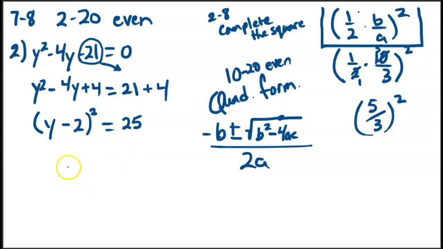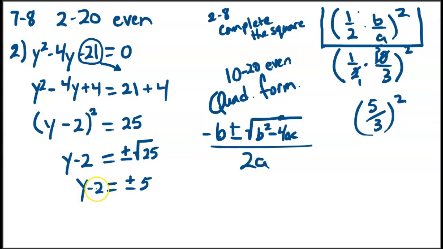So now I'll take the square root of each side, and that's going to say y minus 2 equals plus or minus the square root of 25. That is, y minus 2 equals plus or minus 5. The -2 I'll move over. That means that y equals 2 plus or minus 5.